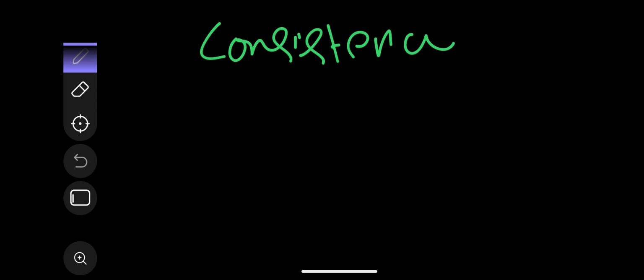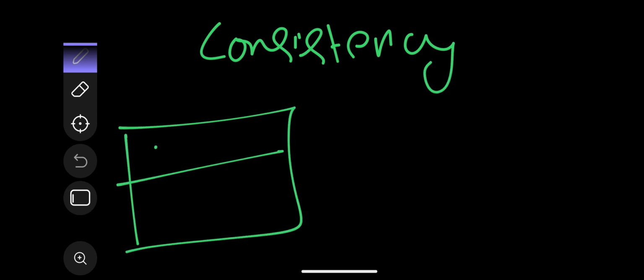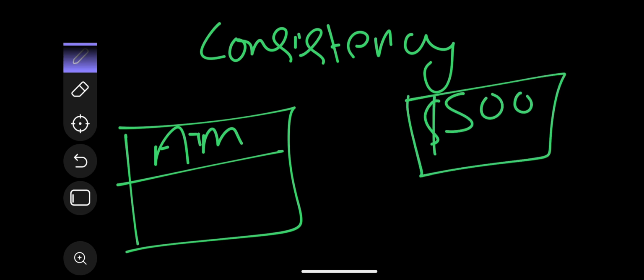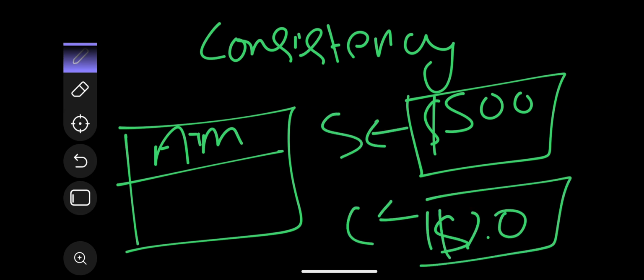Same example of the bank. I will again draw it. Before the transaction, you had $500 in savings and $200 in checking.